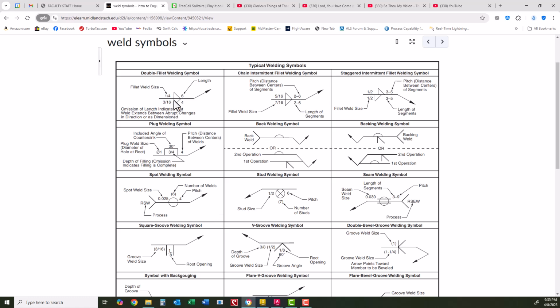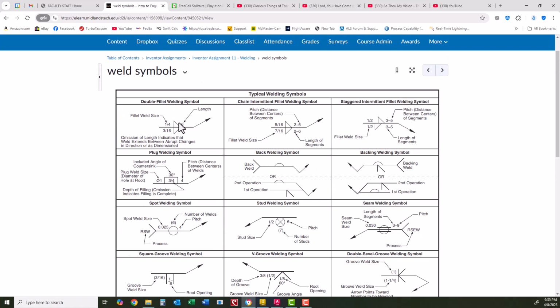In a fillet weld, most of these, if you look at them, they make a lot of sense. A fillet weld looks like a chamfer, and it's a weld between one horizontal surface and a vertical surface, and the weld is right in here, and this size right here is the distance from the middle perpendicular to the root down here of the weld.